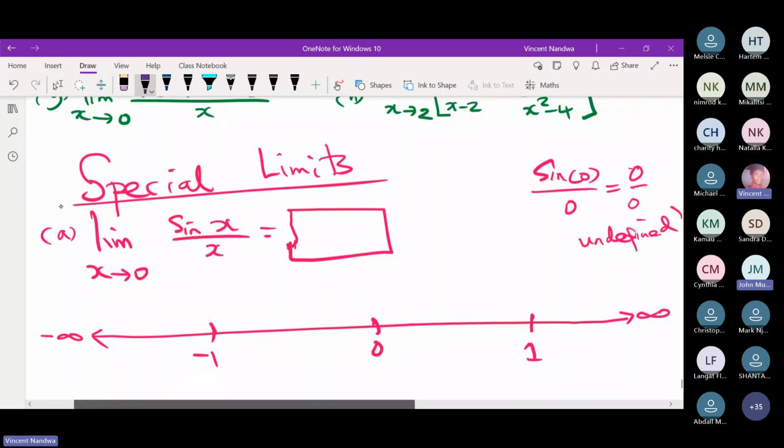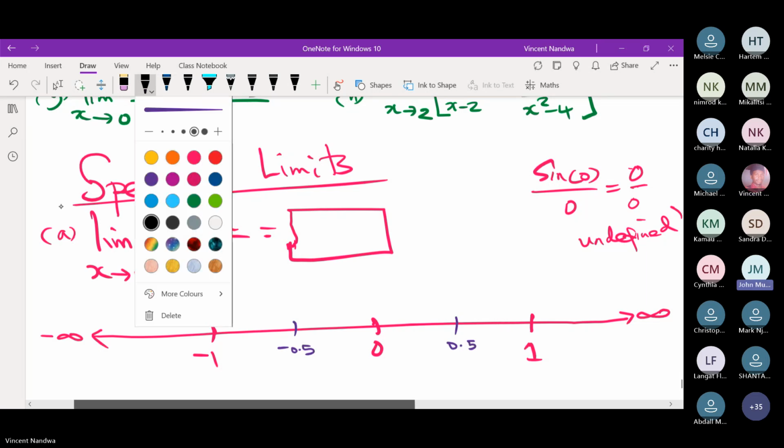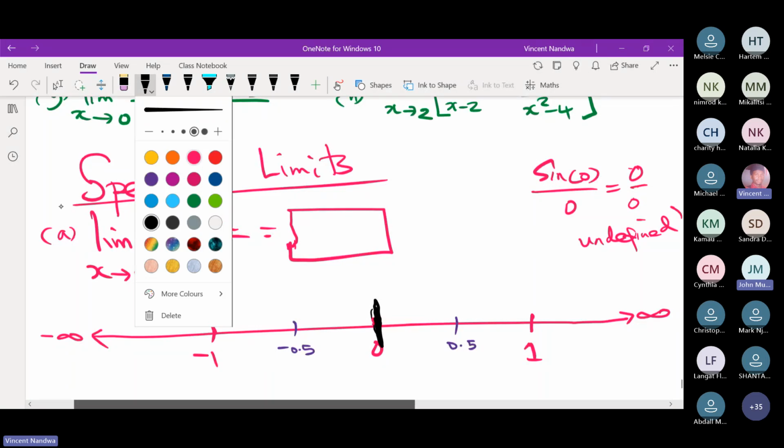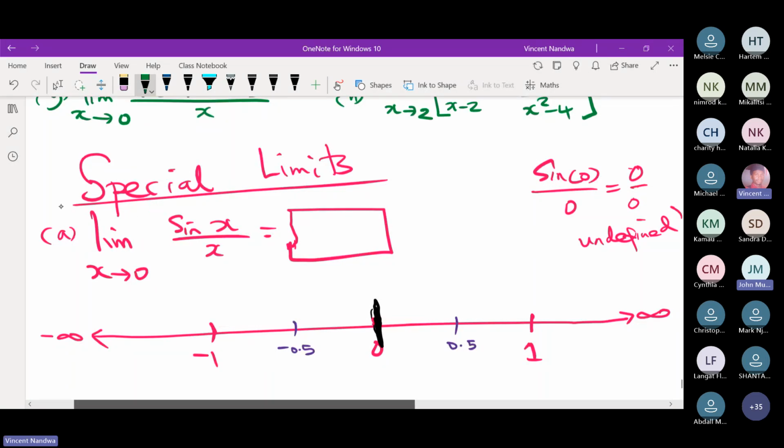Say this is -0.5 and here we have 0.5. To arrive at 0, there are two ways. You can approach 0 from the left-hand side, or you can approach 0 from the right-hand side.